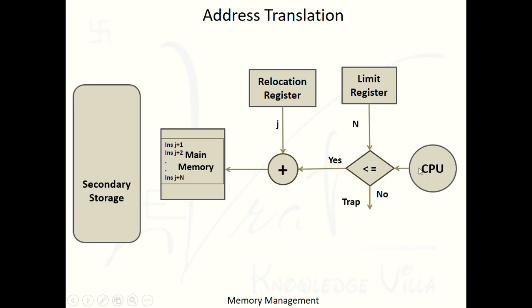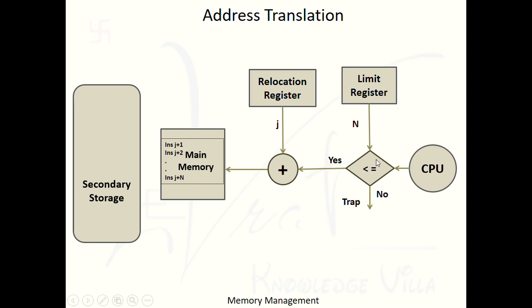If the generated request is less than or equal to n, because we have stored only n number of instructions in our program. If CPU is generating an instruction greater than n, it means CPU is generating n plus 1 or n plus 2.